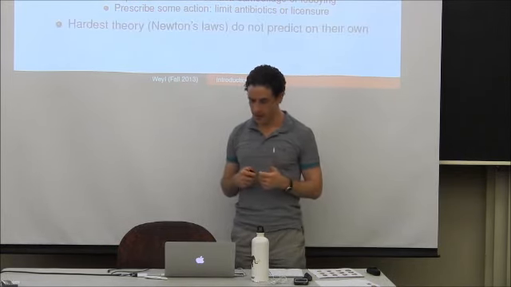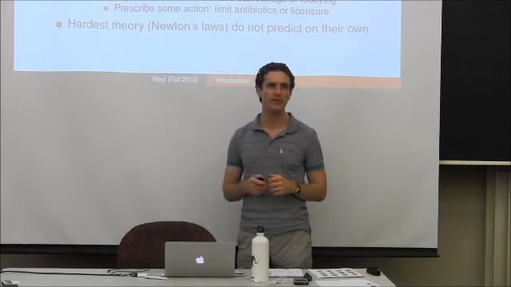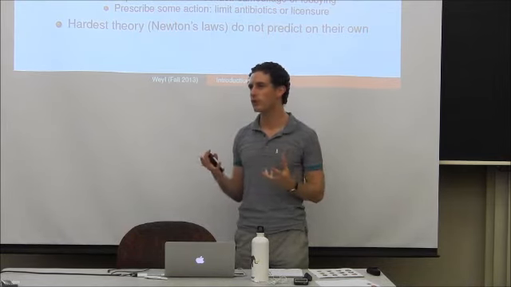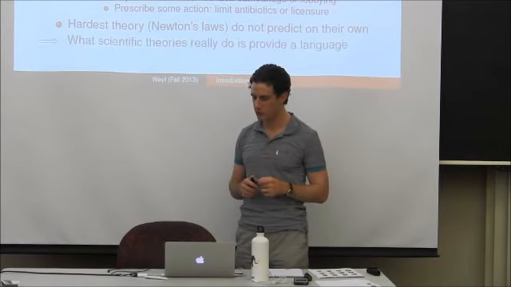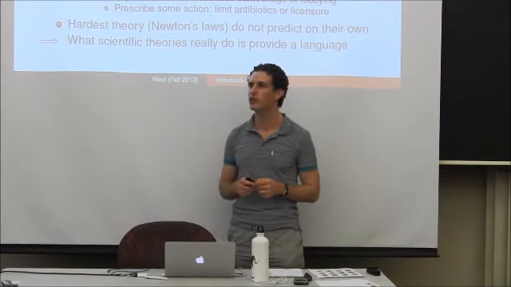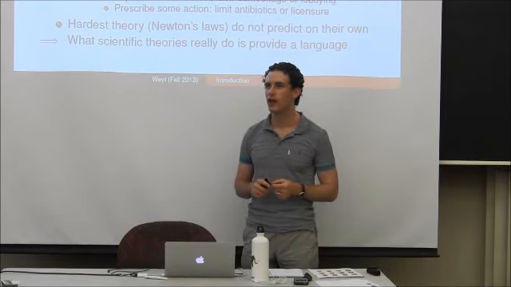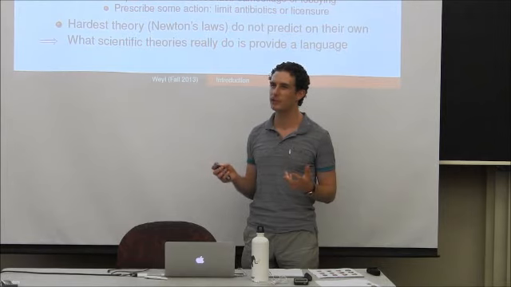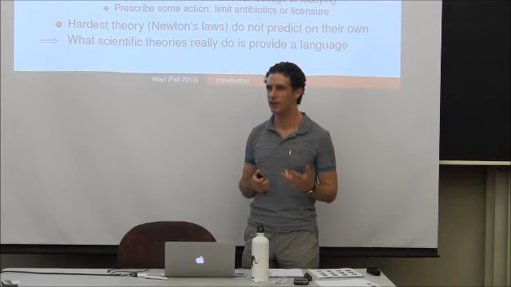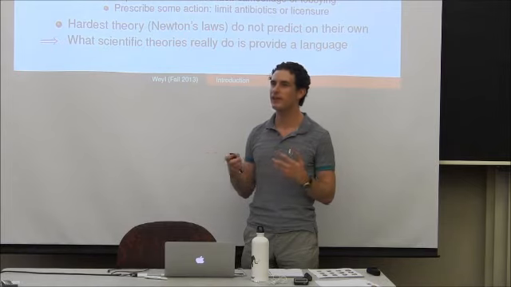Okay. In fact, even the hardest theories in science, the ones that people are most sure are falsifiable and have content, do not make predictions on their own. So if you think about Newton's laws of gravitation, those seem like the clearest scientific theories. But any time you've ever taken a physics class and used them to make a prediction, you make 1,000 other assumptions about the way that the world actually works, which are not only needed in addition to the theory, but also are totally wrong.